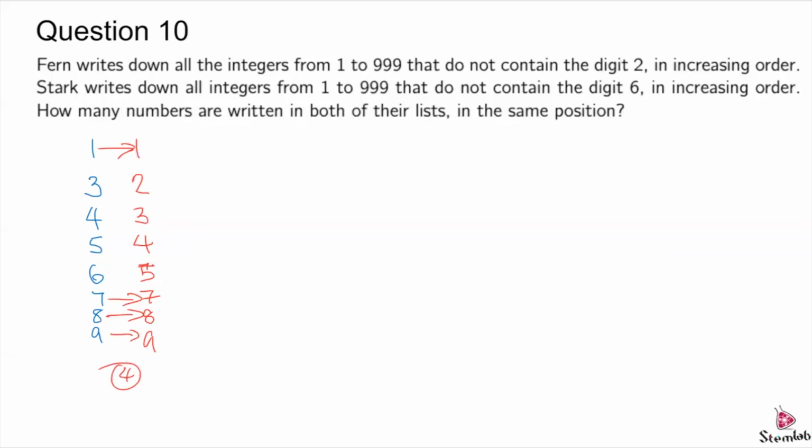Okay. If you try to do it for 10 through 19, what you notice is you have 10, 11, 13, 14, 15, 16, 17, 18, 19, and Stark would have the same thing at the 10s, 11, but then we'll differ here.